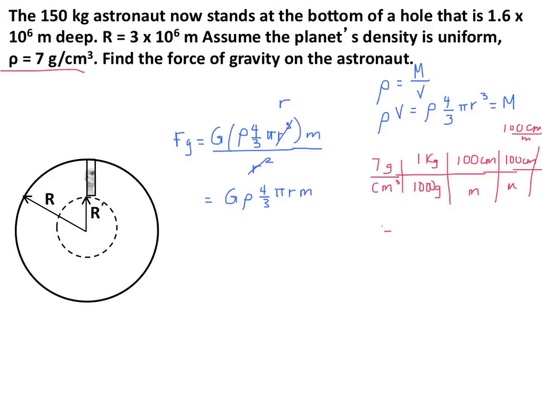So that our rho is now 7,000 kilograms per meter cubed. So now we can plug in all of our numbers. Again, G is 6.67 times 10 to the negative 11. Rho is now 7,000. 4/3 pi.